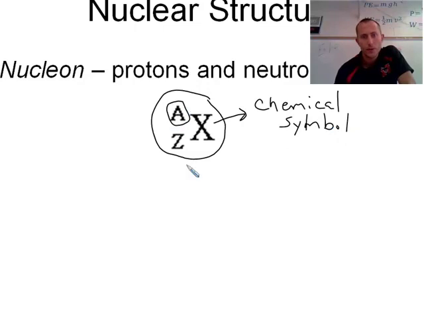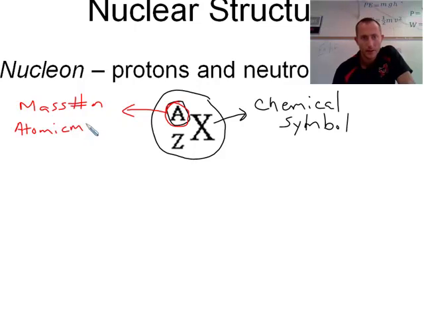This superscript here, let's change the color. This A represents the mass number, or sometimes the atomic mass, and this is in AMUs.